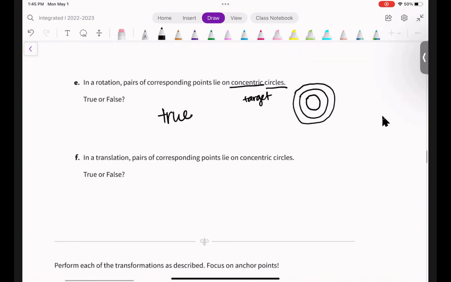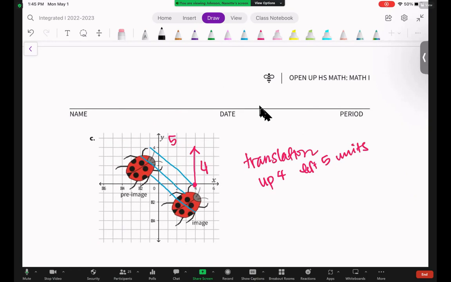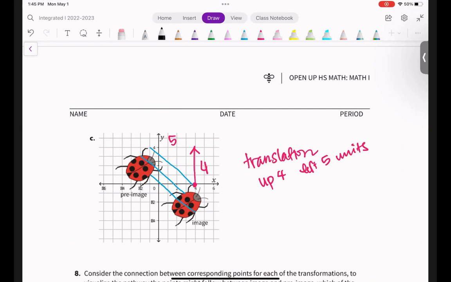And then the last one. In a translation, pairs of corresponding points lie in concentric circles. So in a translation, that was our ladybug. Do these lie on concentric circles? Do you see a circle here? What do you guys think about this one? Yeah, this one's a no. I'll try to draw it, but it might come out funny.